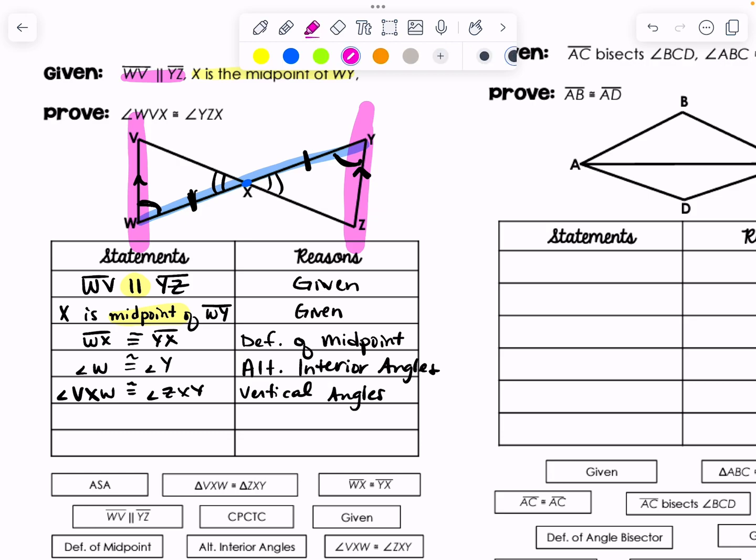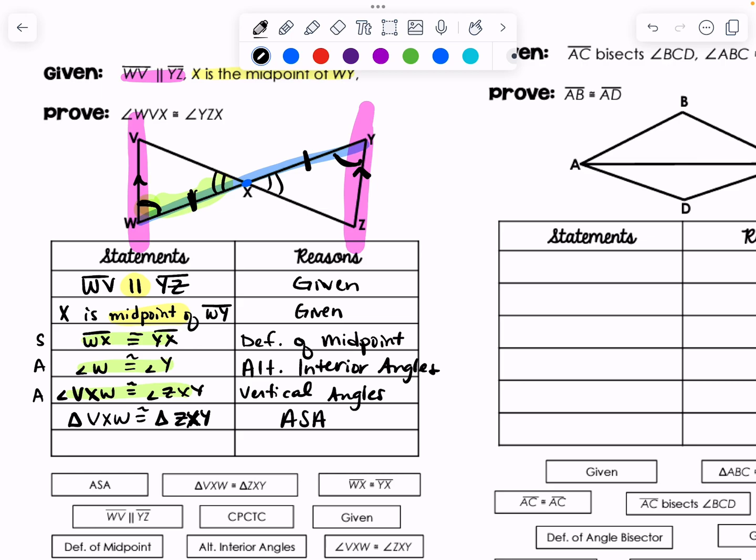Now I'm ready to talk about the triangle proof, because I've talked about a side, an angle, and I just have to think about the order of those. If I start here, I've got an angle, side, angle. So triangle VXW is congruent to triangle ZXY.